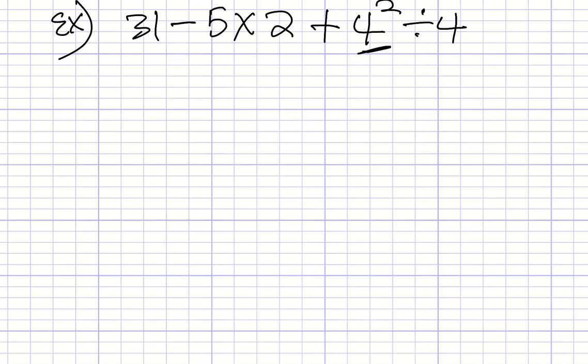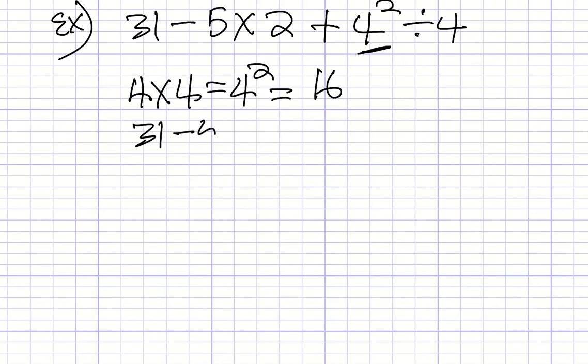What is the exponent? 4 raised to power 2 is 8, right? No, I'm sorry. 4 times 4 is 16. So 4 raised to power 2 is 16. We'll write the problem: 31 minus 5 times 2 plus 16 divided by 4.